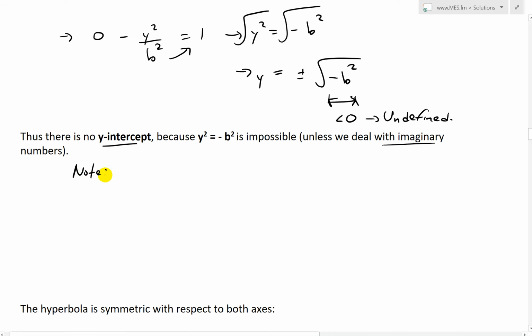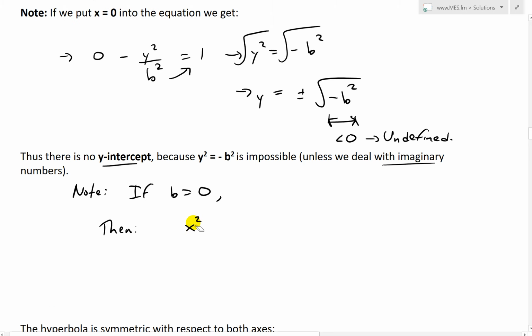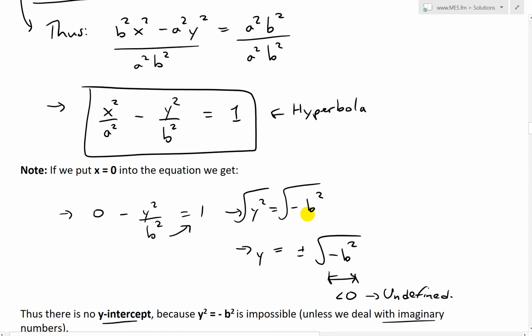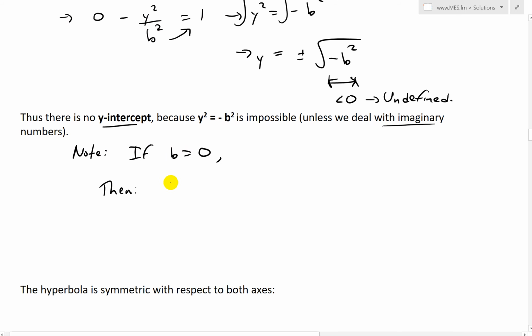And also put a note right here. Note if b is equal to 0, then before we divide it out, we just get this top part: b squared x squared minus a squared y squared equals a squared b squared.